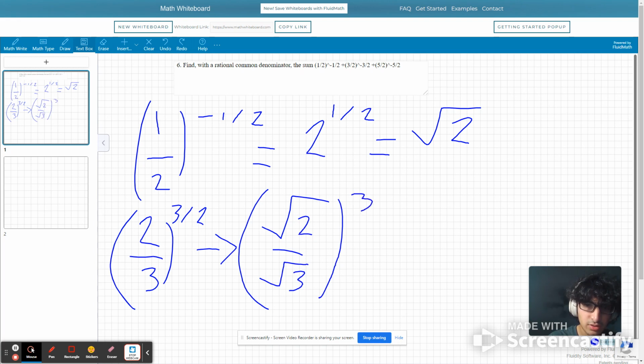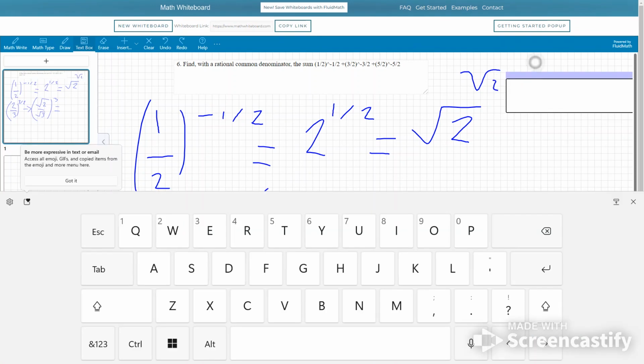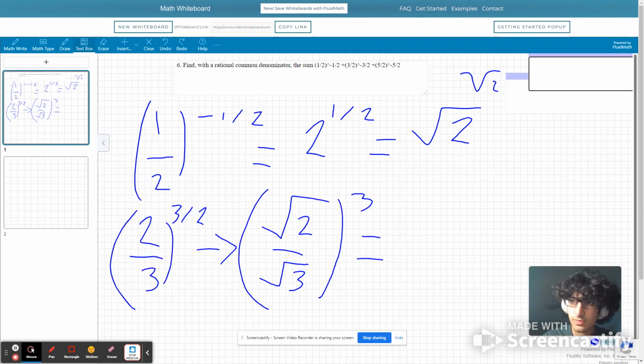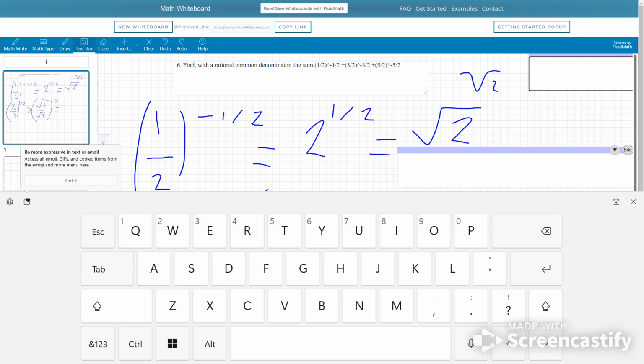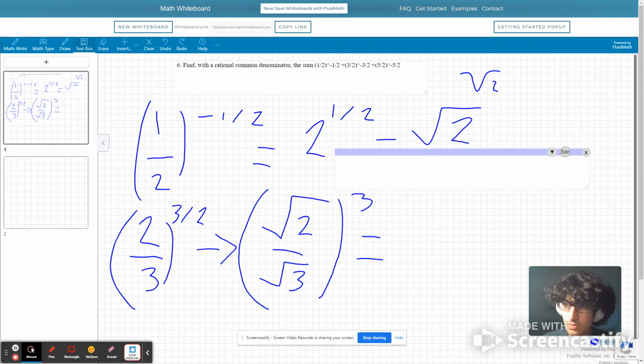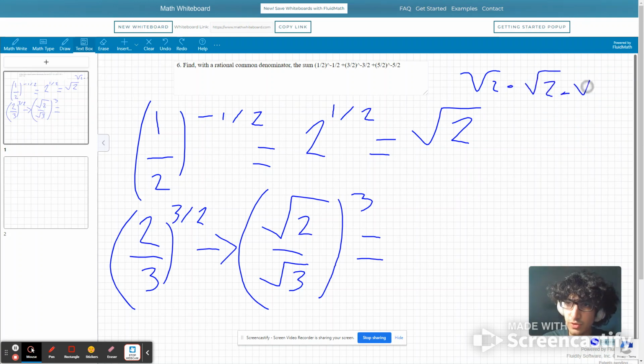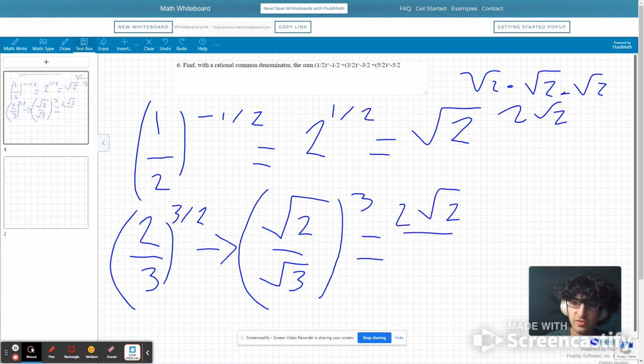And then that's equal to root 2 times root 2 times root 2, and that's 2 root 2. So 2 root 2, and then it's going to be the same thing for 3, so it's going to be 3 root 3.